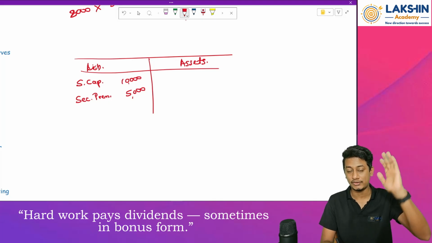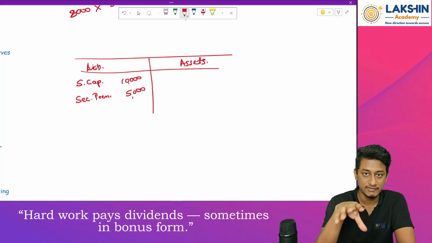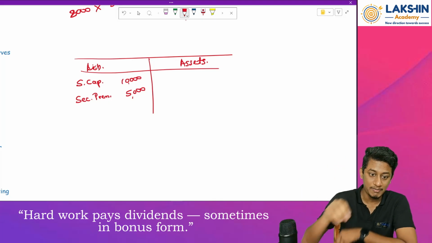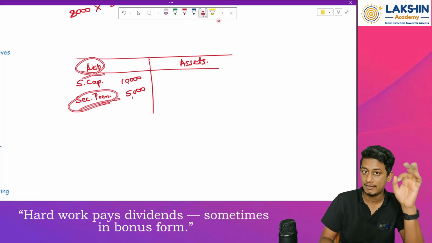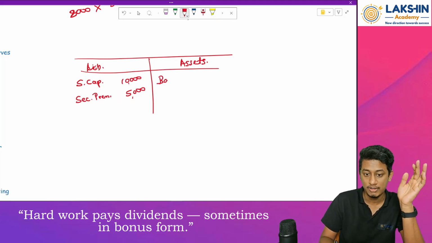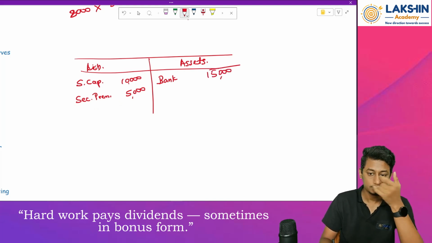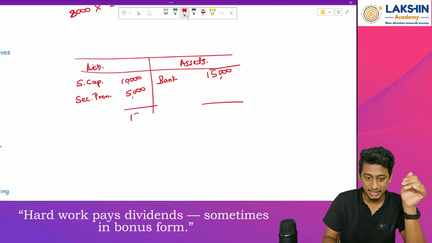From the previous issue, the shares were issued at a premium, so I received some premium, and that has been classified as securities premium in the balance sheet on the liability side. That means in the bank account I will receive the whole amount, that is 15,000. Clear till here? Now my balance sheet is tallying, right? 15,000 here, 15,000 over here.